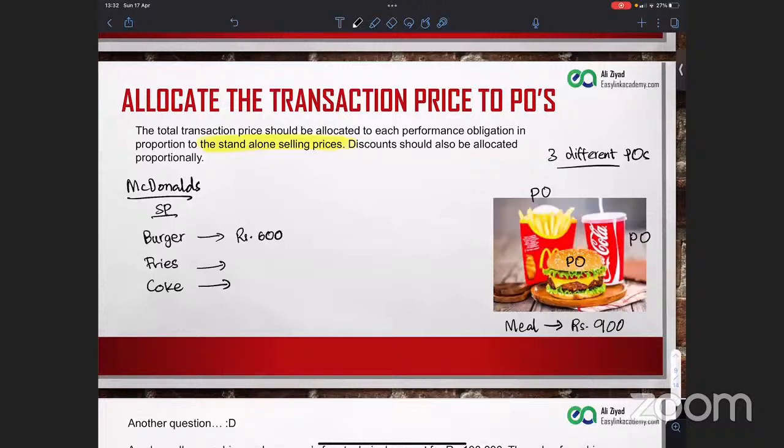Fries, if you were to buy separately, what would be the rough pricing? 300, 400. Okay, let's just say 300. What about Coke, guys? If McDonald's sells separately, what will be the pricing? 200 rupees.